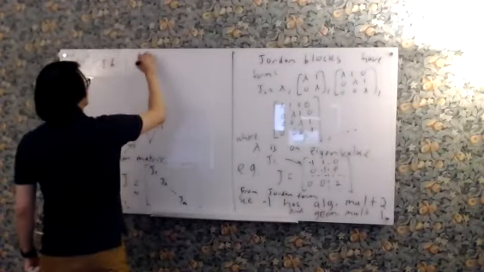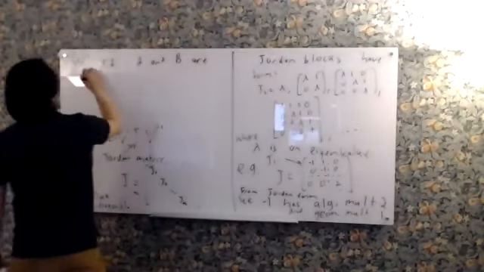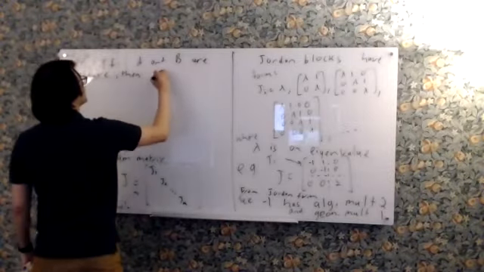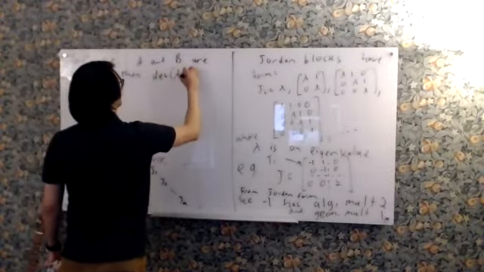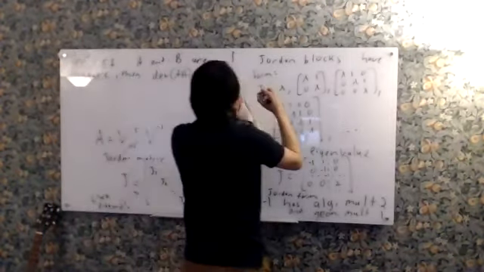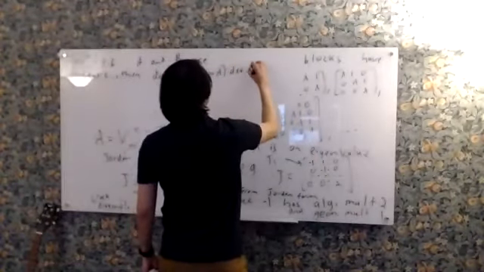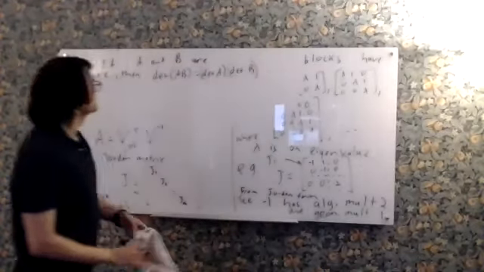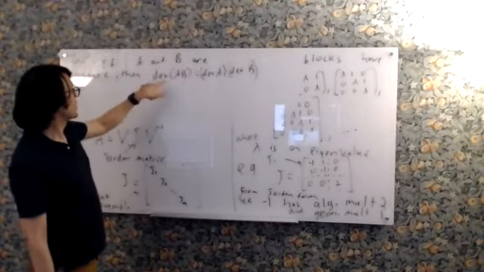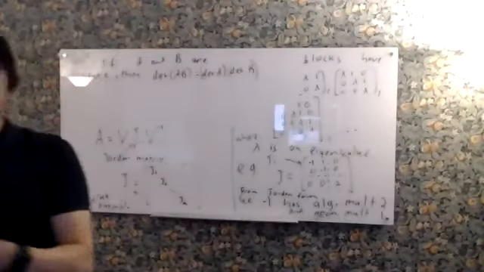If A and B are square, then det AB is actually equal to det A det B. This is called the homomorphism property of the determinant. You can always take the determinant and split it up by the products. That has a lot of nice, interesting consequences.